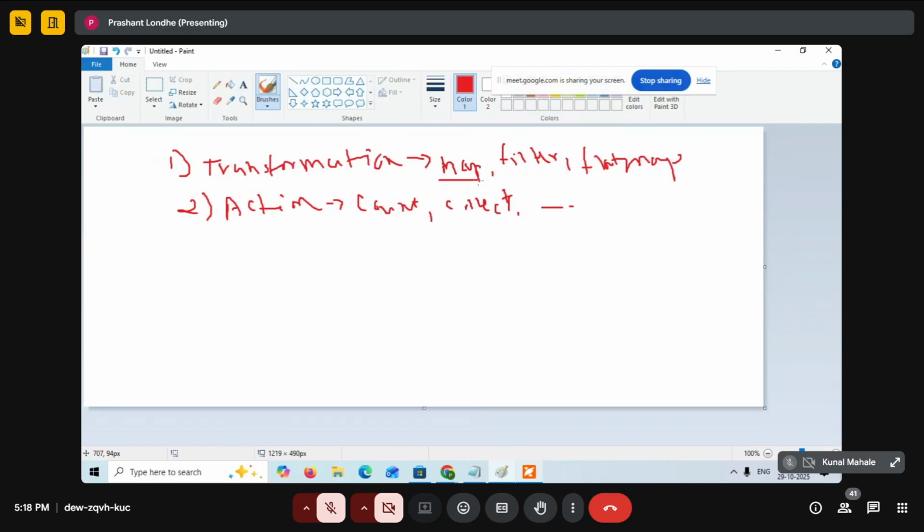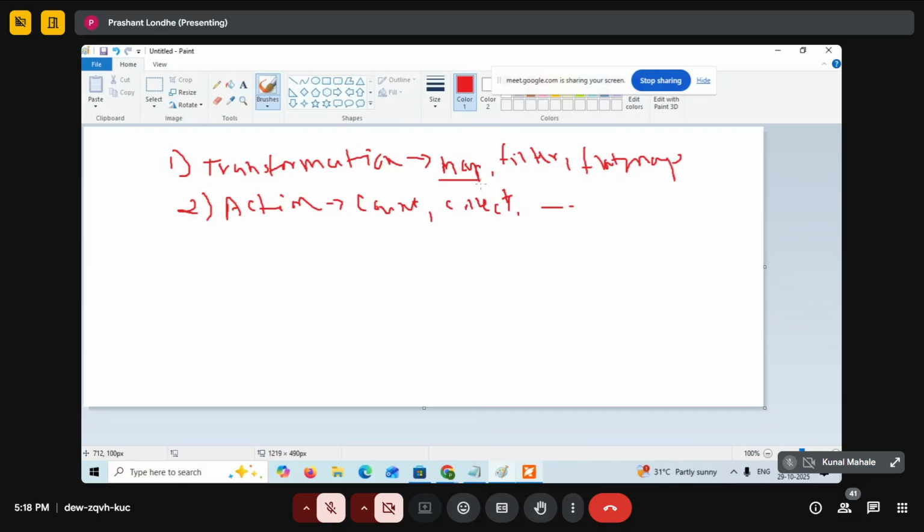Similarly, if I want to do this for a particular group, like changing the ID of a data science student, in that case I will use filter or flat map. In the case of the filter or the flat map, I have to give a certain condition, and according to that condition our data will be modified.